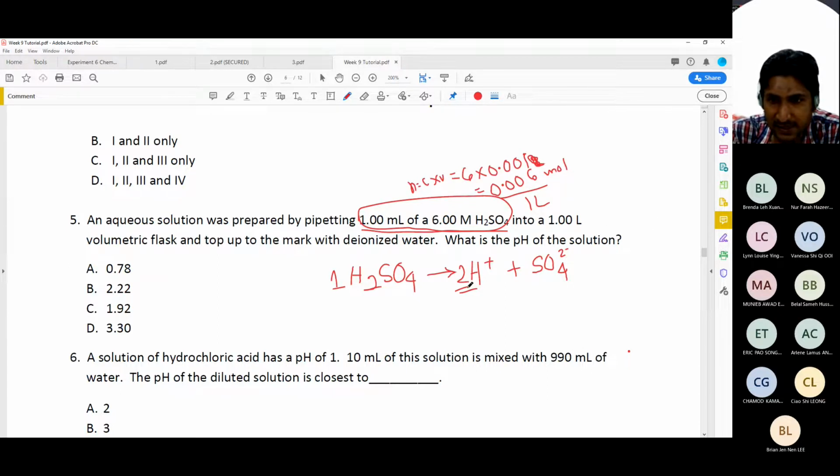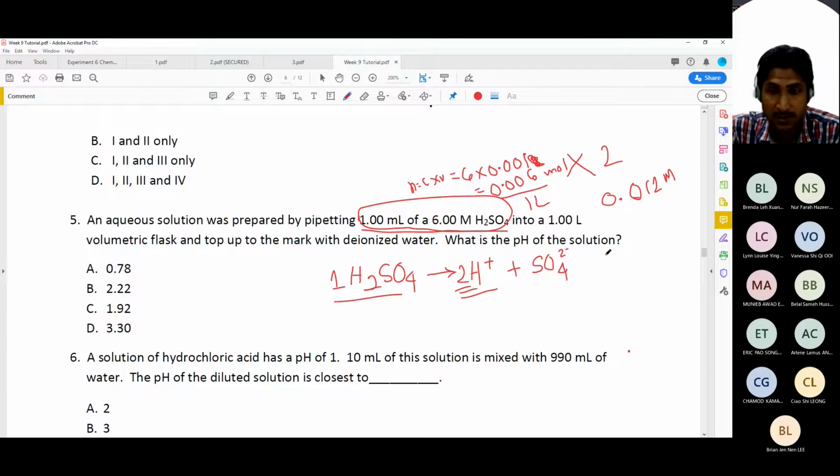But sulfuric acid gives 2, right? 1 mole gives 2 moles of hydrogen ions. So 0.006 will give us 0.006 times 2, that is 0.012 molar of hydrogen ion. Hydrogen ion concentration will be 0.012.